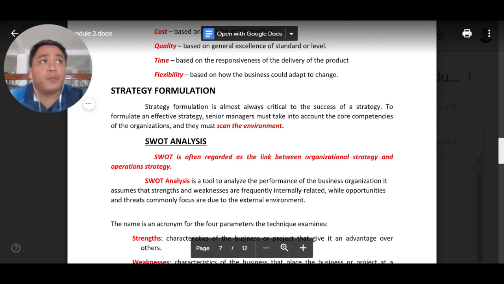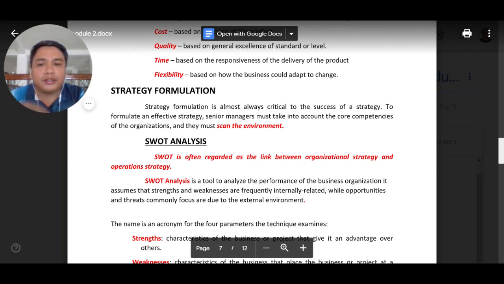So what are the core competencies? Again, it is cost, quality, time, and flexibility. So this would be your basis. These four competencies would be your basis in terms of formulating or crafting your own strategy.